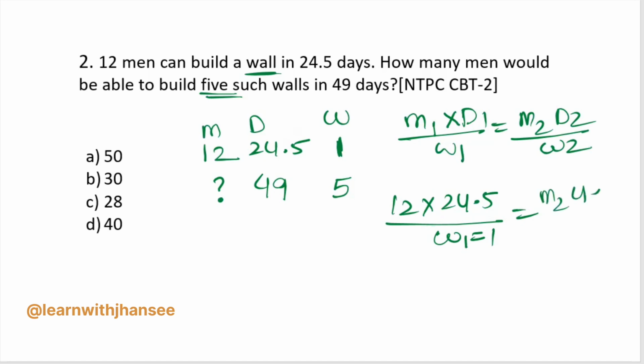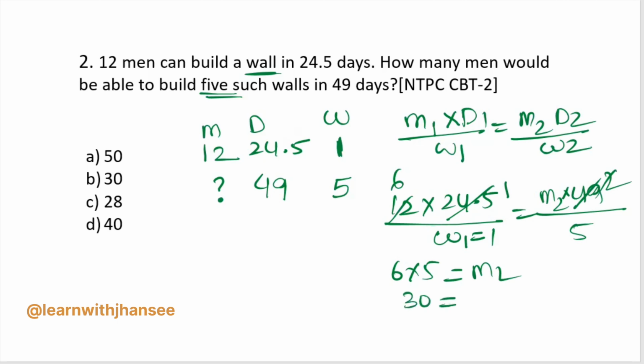What is D2? 49 by W2, which is 5. 24.5 into 1 is 2, then 2 into 1, 2 into 6. So we do cross multiplication: 6 into 5 is equal to M2. 30 is equal to M2. So how many persons are required? 30 persons are required.